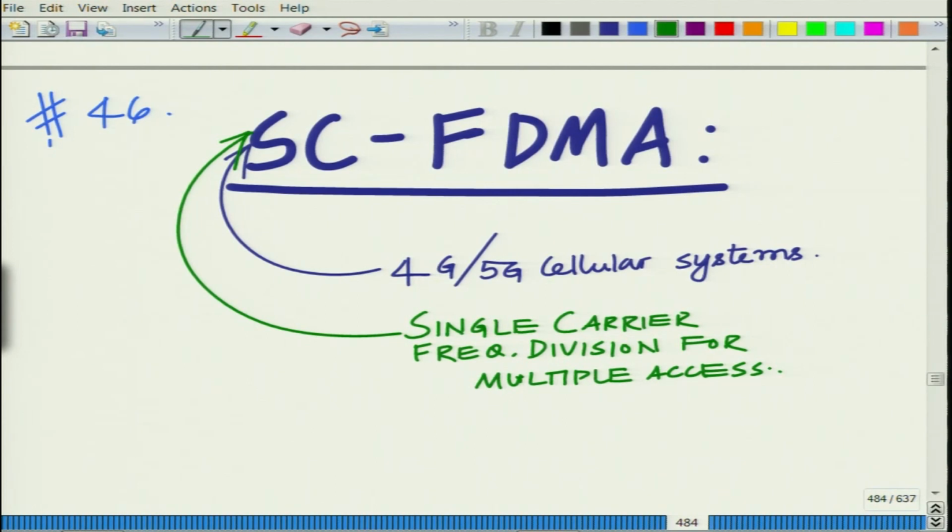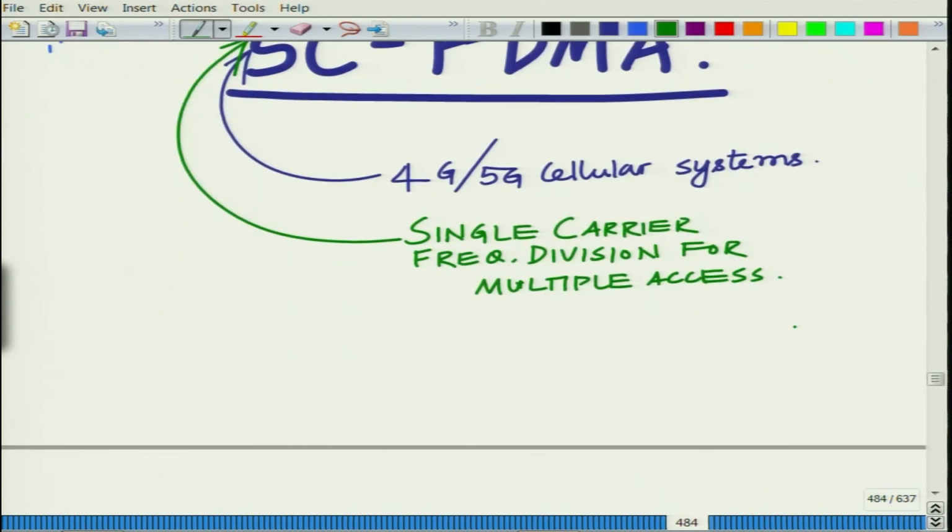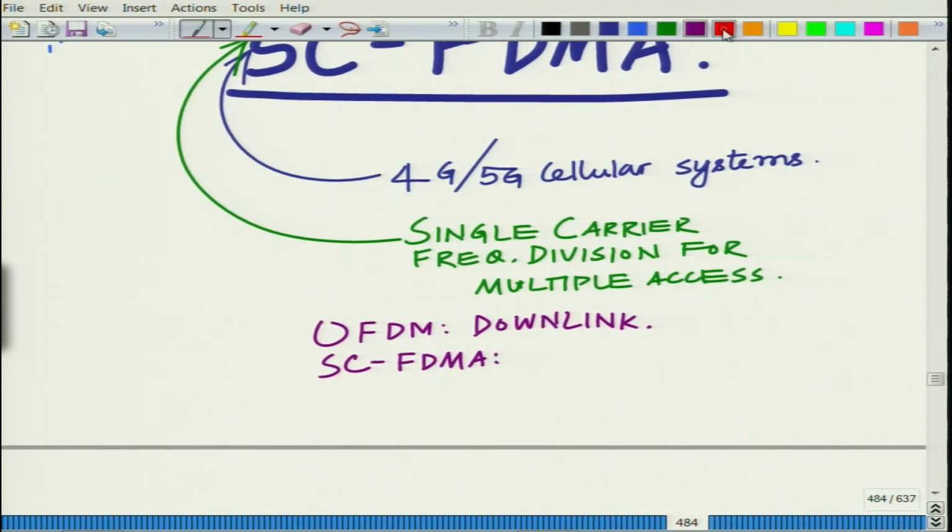The difference between OFDM and SC-FDMA is the following: whereas OFDM is used in the downlink, that is the base station to mobile, SC-FDMA is used in the uplink.